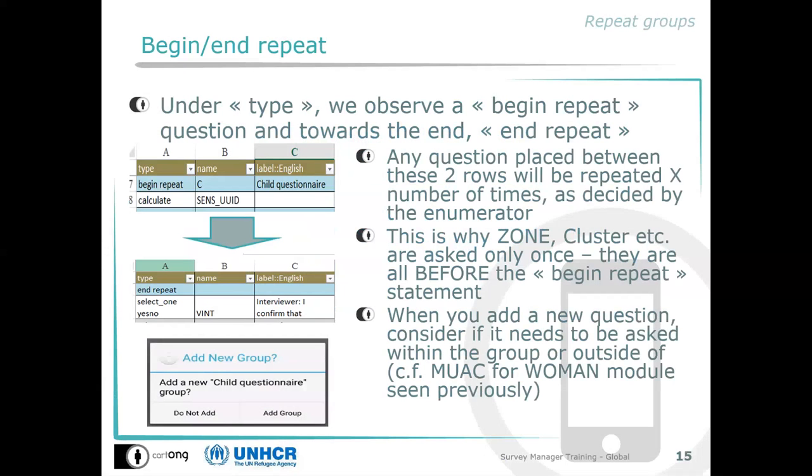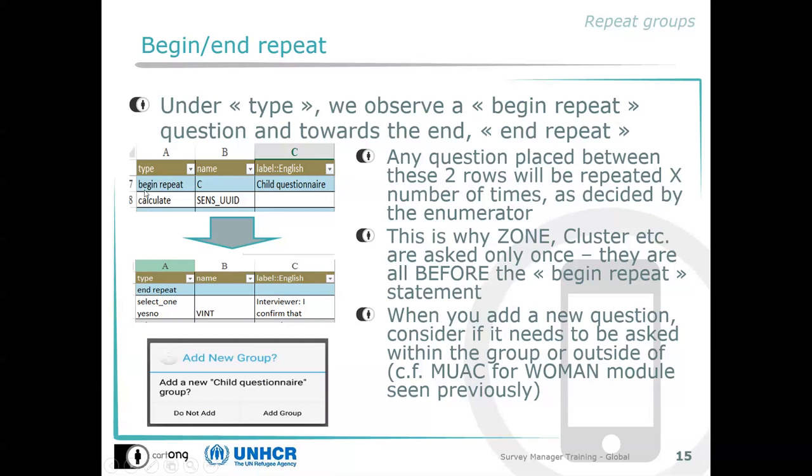So if you look at the forms, and I'll show that in the Excel in just a minute, once a repeat group starts, it's denoted by begin repeat. The screenshot here is for the child questionnaire.